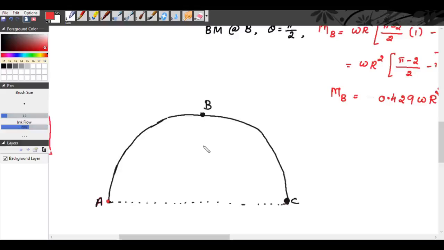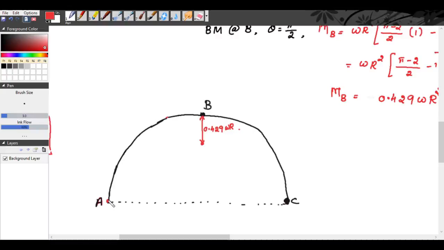At B, your bending moment is a hogging bending moment and the value is 0.429 WR². Okay, so it comes below. It is negative, so it is coming below your plane, right?